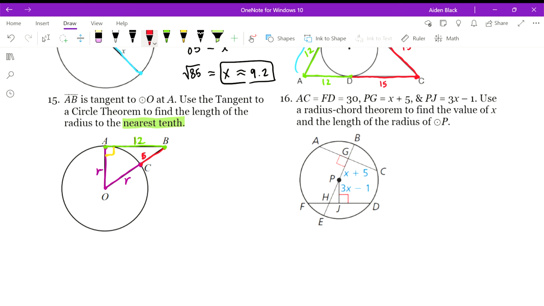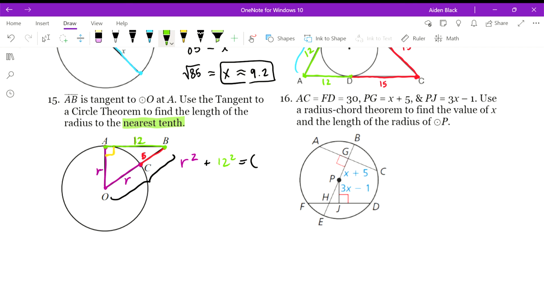In this case, we have r squared, so that's one leg, plus 12 squared equals, and c is this entire segment. The hypotenuse is that entire segment, so we need to add those together within the parentheses.